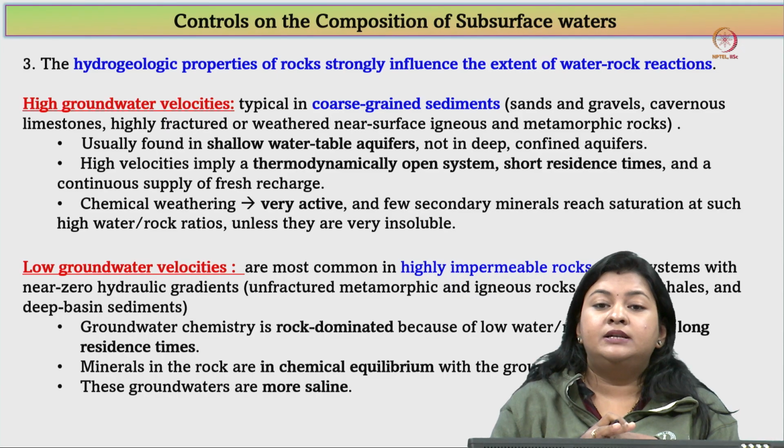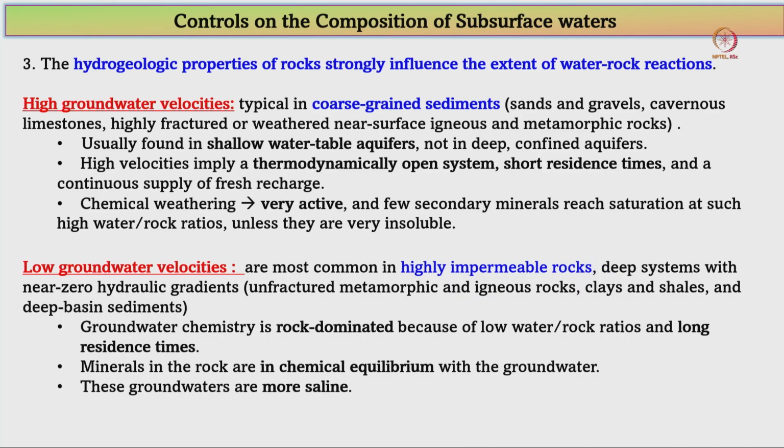That means, due to the long interaction time, the minerals are in chemical equilibrium with the groundwater. These groundwaters have higher TDS and they are more of the saline type. Because of the long duration in the aquifer, they are going to be more and more saline.